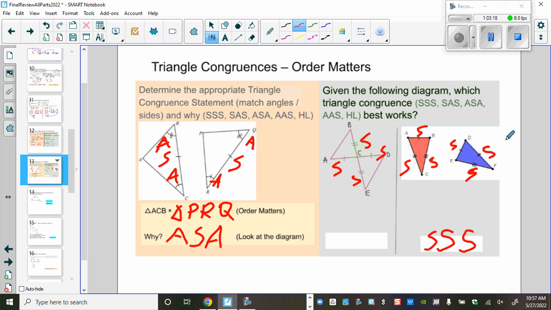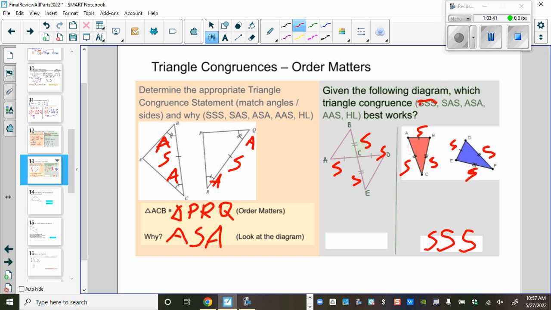However, are any other sides marked? No. So can we say side, side, side for this one here? Nope, you can't. We don't know about this side. We don't know about that side. So side, side, side's out of the game.